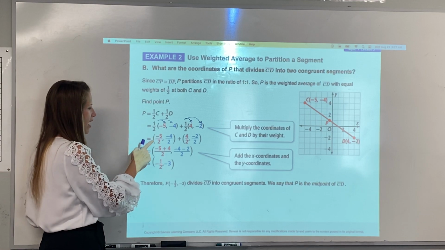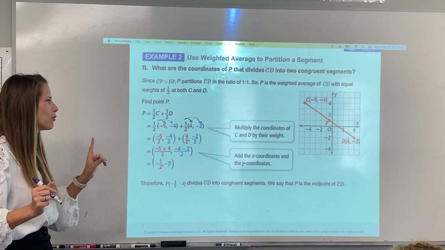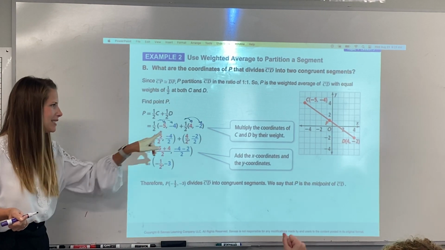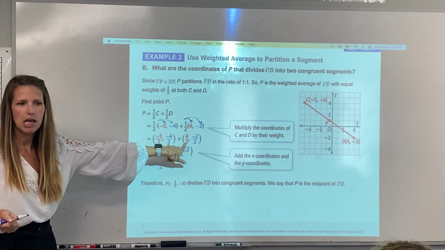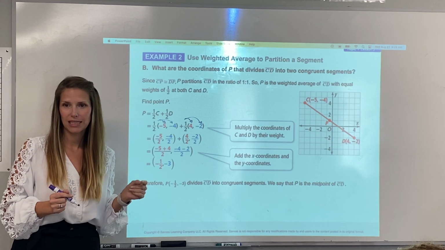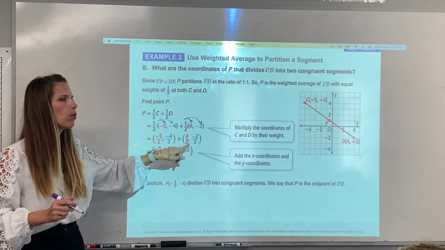Okay, -5, oh no, you know what? We don't want to simplify yet. And I know why. Do you guys know why we didn't want to simplify right away? Because we're adding our x coordinates and our y coordinates together. Since they're all common denominators, we want to keep them common denominators.